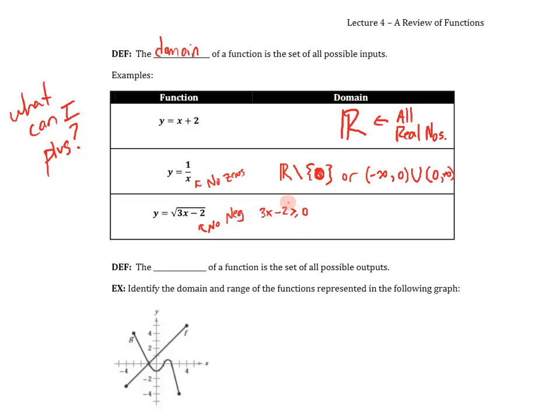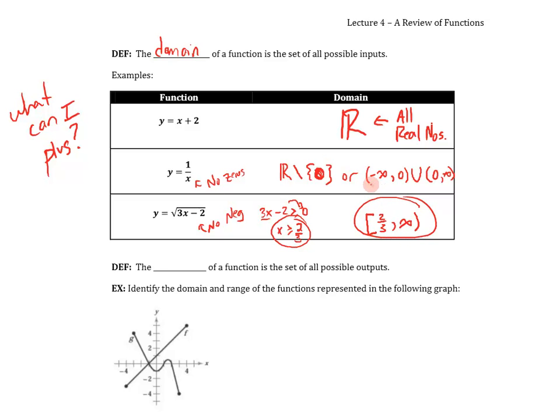If you solve this linear inequality by moving the 2 to the other side and dividing by 3, you end up with x has to be bigger than or equal to 2 thirds. Or in interval notation, that means start at 2 thirds and anything all the way up to positive infinity would be okay. That's the domain of a function.